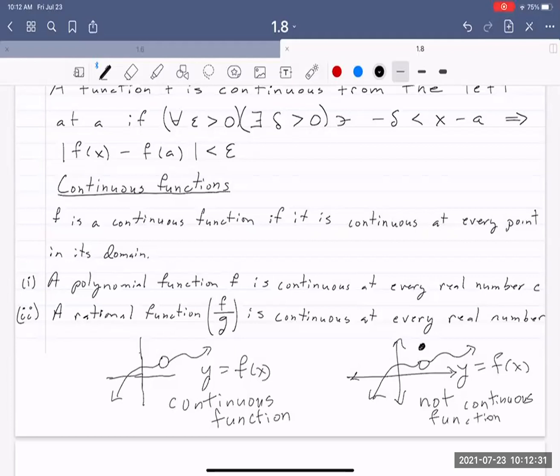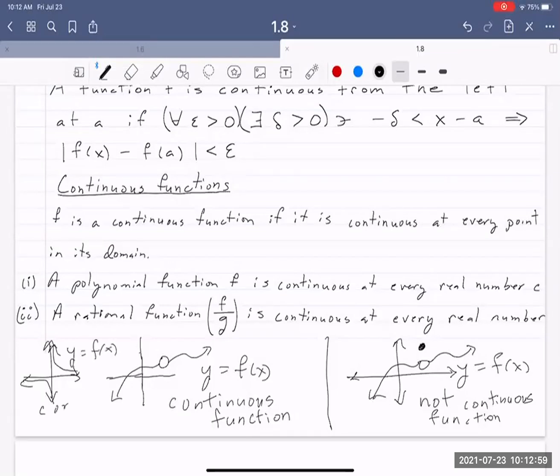It's not continuous because it is defined at this point, let's say a, but the limit is not the same as the value of the function at that particular point. So this is not a continuous function. This is a continuous function.